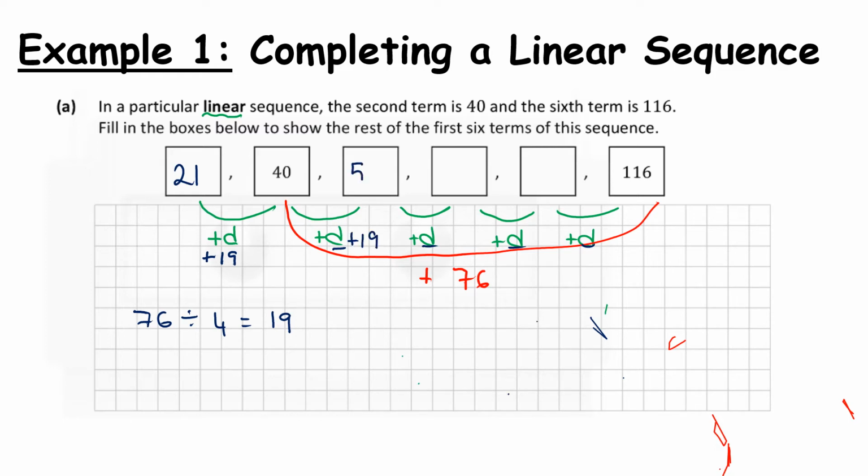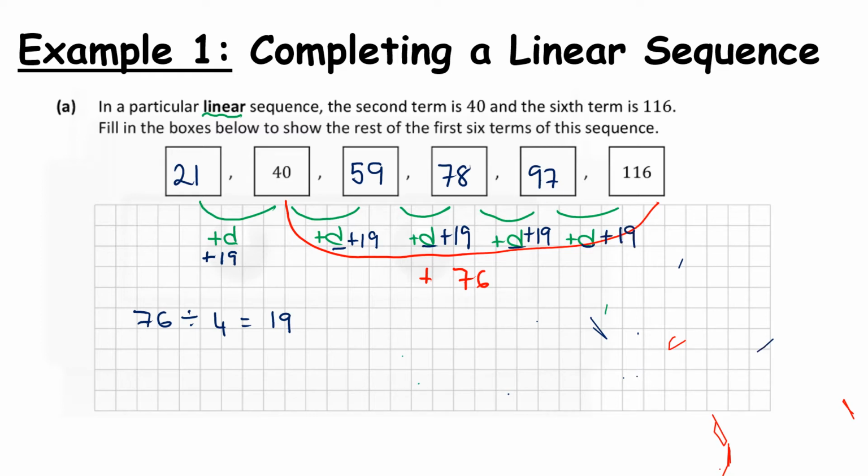So my next number is 40 plus 19, which is 59. So then we have 59 plus 19, and we get 78. And then we do 78 plus 19 and we get 97, and if we do 97 plus 19 we end up at 116, so we know that everything has gone right.